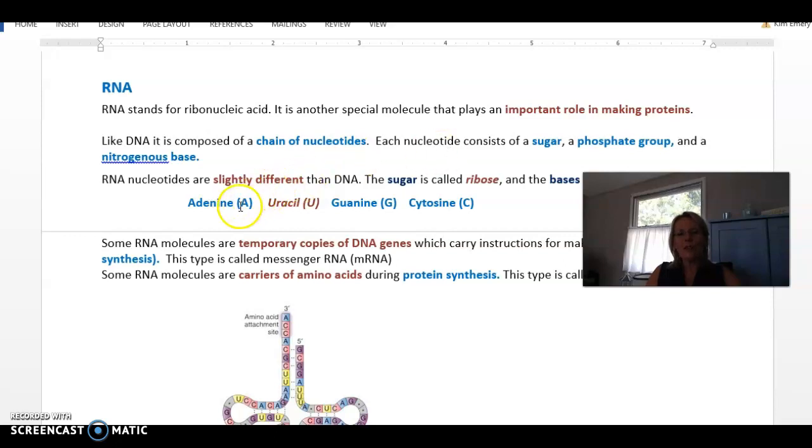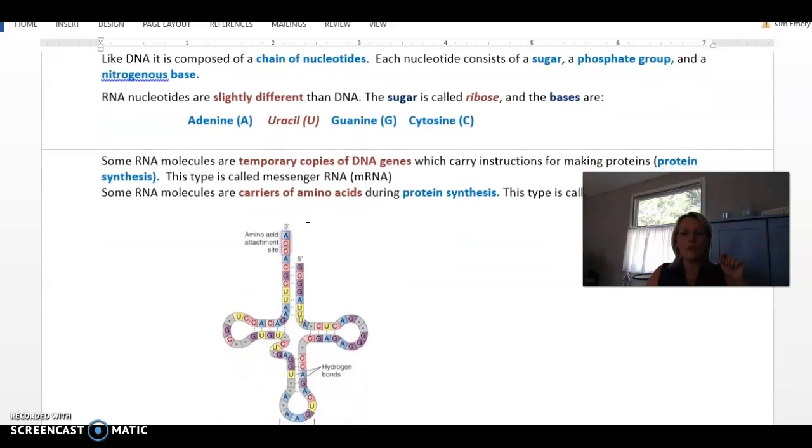So 3 of the bases that you find in RNA are identical to the ones that you find in DNA: adenine, guanine, and cytosine. Uracil is different. In DNA, the base that would be here is thymine, but in RNA, instead of thymine, it has uracil. They're very close in structure, but just different enough to be different.